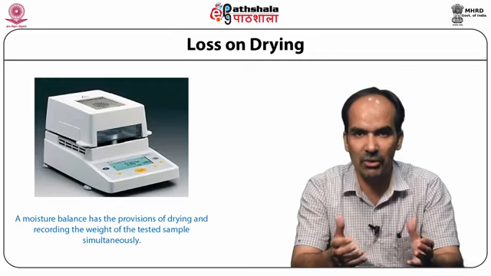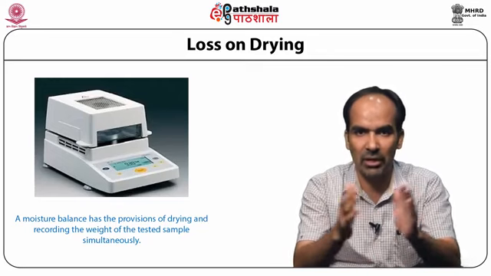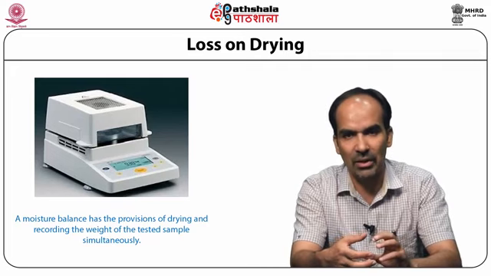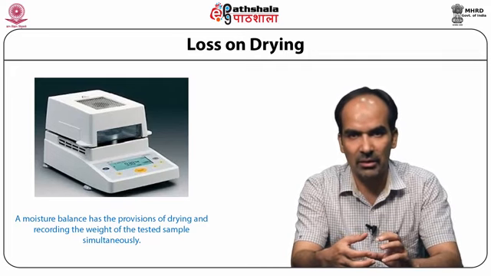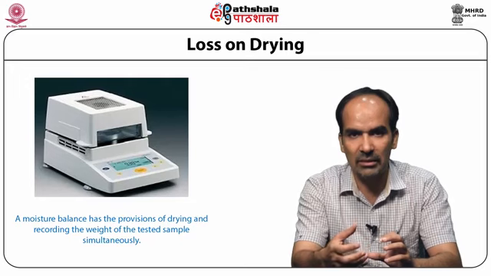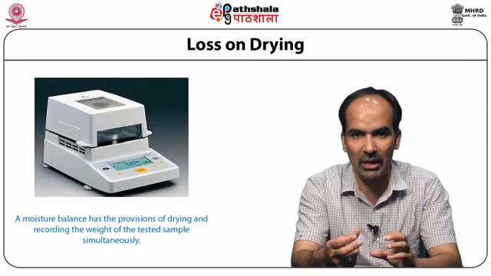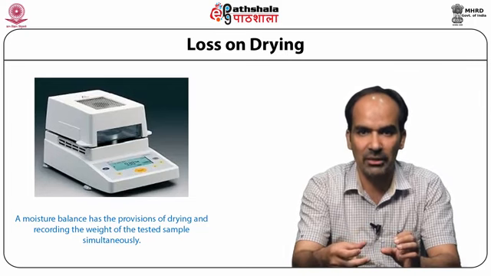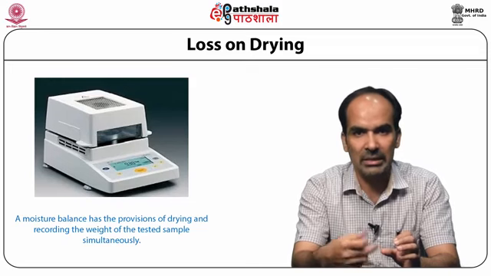Usually a good idea will be to have an instrument which can dry the sample as well as record its weight. This is such an instrument, known as a moisture balance, which has the provision of drying and recording the weight of the tested sample simultaneously.